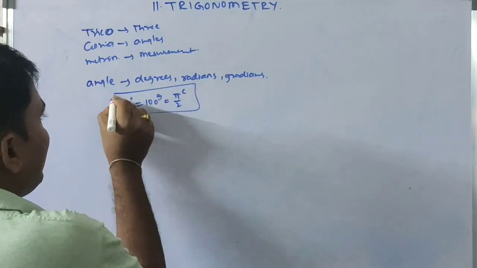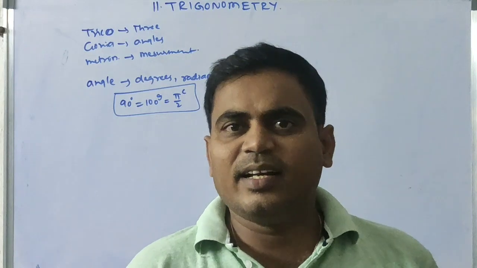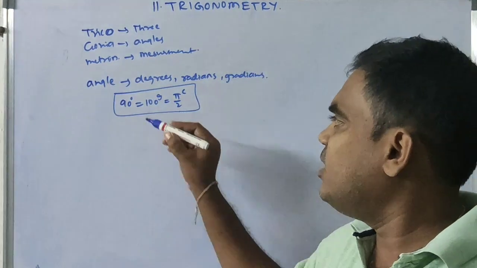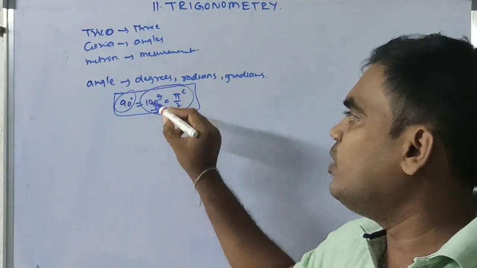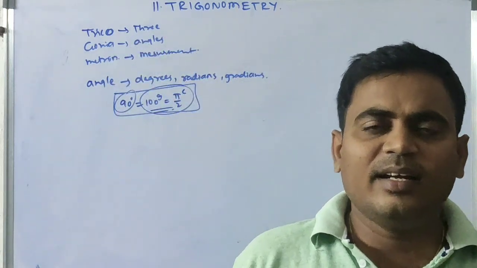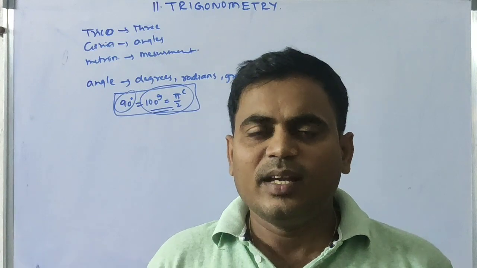This is the relation between degrees, radians and gradients. In 10th class, angles are measured only in degrees, so we don't need this relation here. We will discuss in terms of only degrees.